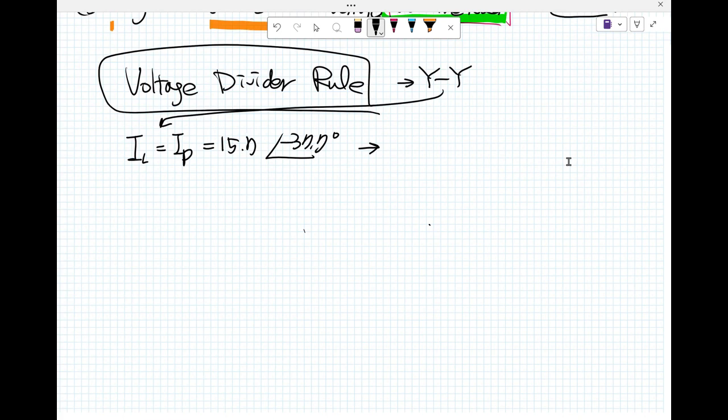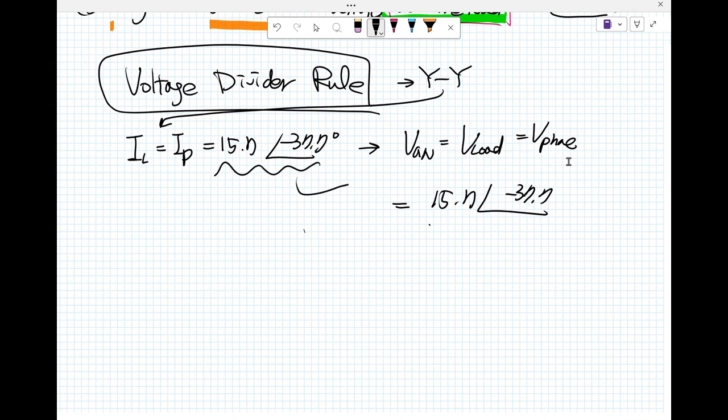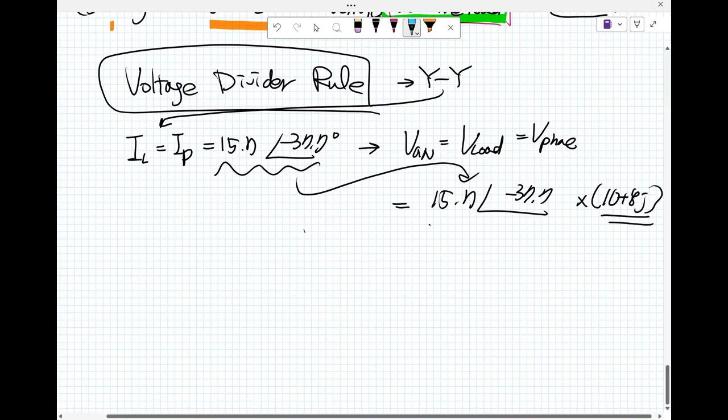And then V sub AN, meaning the load voltage, meaning the phase voltage, is the current 15.7 at minus 37.7 multiplied by 10 plus J8. That is the load here.